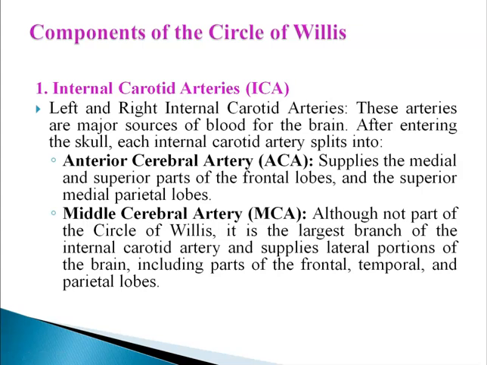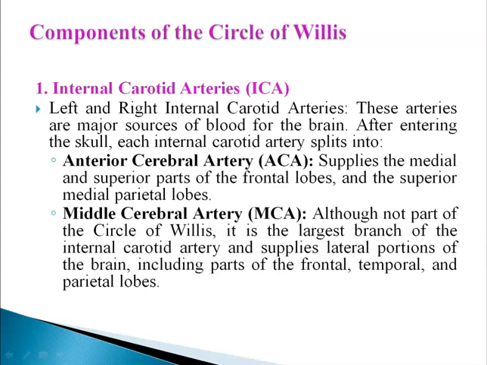The components of the circle of Willis: the internal carotid artery, that is the ICA, the left and right internal carotid arteries. These arteries are the major sources of blood for the brain. After entering the skull, each ICA splits up into the anterior cerebral artery, which supplies the medial and superior parts of the frontal lobes and the superior medial parietal lobes, and the middle cerebral artery.